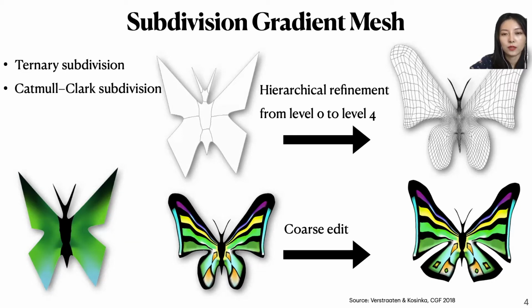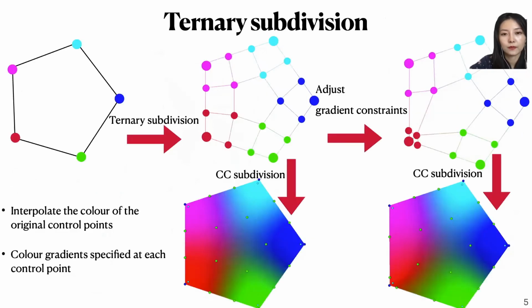Then with this coarse mesh, we do a ternary subdivision, then Catmull-Clark subdivision, and we get a refined Catmull-Clark mesh. With this refined mesh, we can edit the shape and the colors in detail. So as you can see, we can edit this butterfly coarsely and also in detail, and finally get a colorful butterfly full of details.